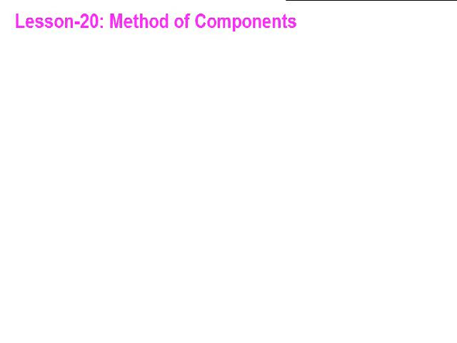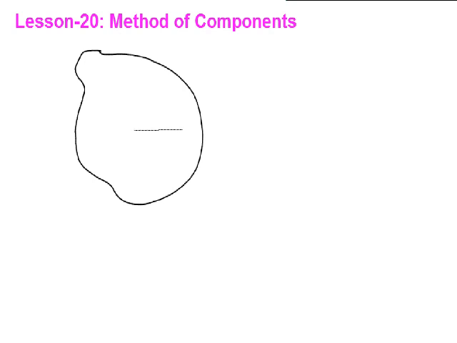In this lesson, we'll see the method of components of a force to analyze the equilibrium of a body under the action of a given set of forces. To begin with, let us say we have a body as shown here, and assume that you have x and y axes attached to the body as shown here.